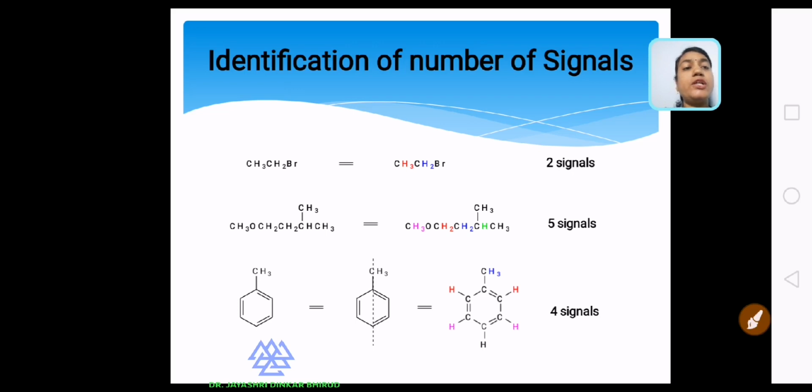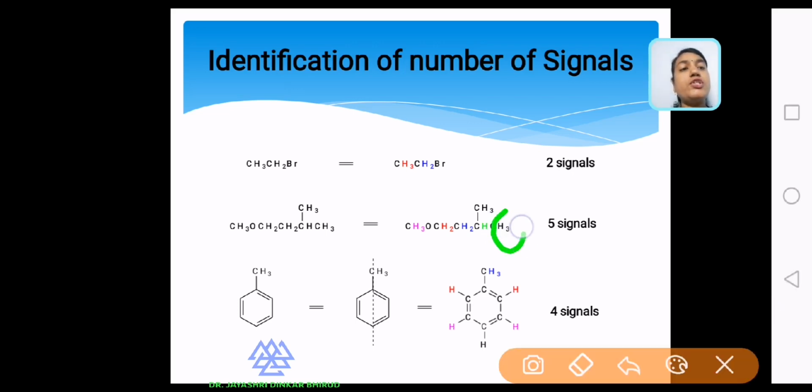Both CH3 groups are attached to the CH proton on one side, and on the other side they are free, because this is the terminal CH3. Both CH3 groups are attached to the CH proton, and this CH proton is attached to the CH2. So, the chemical environment of both CH3 groups is the same. Therefore, both CH3 groups show one signal in NMR spectroscopy.